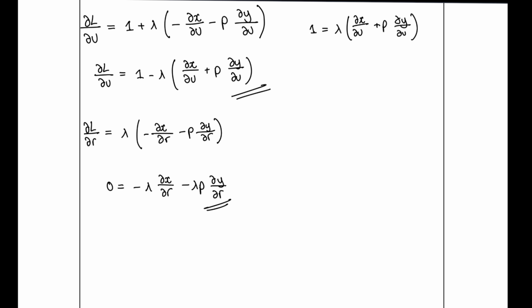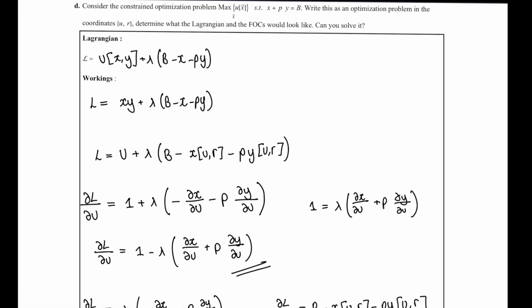And if we partially differentiate the Lagrangian with respect to lambda, we just get the budget constraint, or the constraint, which is b minus x(u, r) minus p y(u, r). So that's a constraint. So this is what the first order conditions would look like.